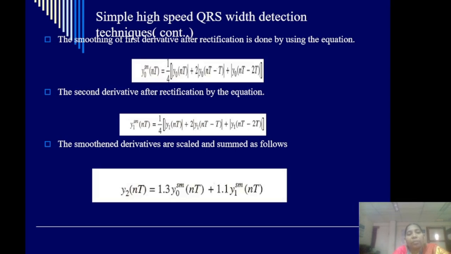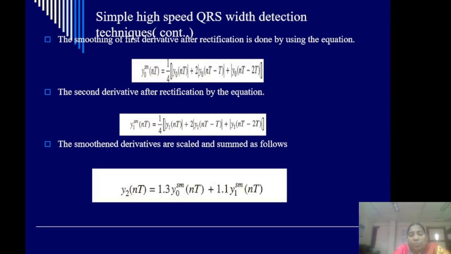For the second order derivative it is represented by y1Sm(nT) = 1/4 of [y1(nT) + 2y1(nT - T) + y1(nT - 2T)]. Then both the first order derivative output and second order derivative output are summed and scaled using the equation y2(nT) = 1.3 y0Sm(nT) + 1.1 y1Sm(nT). Here 1.3 and 1.1 are constants.